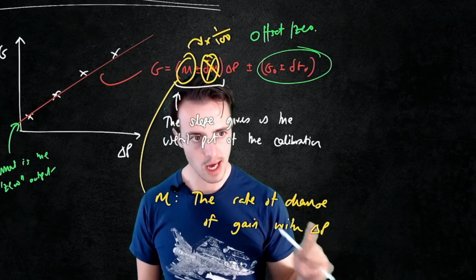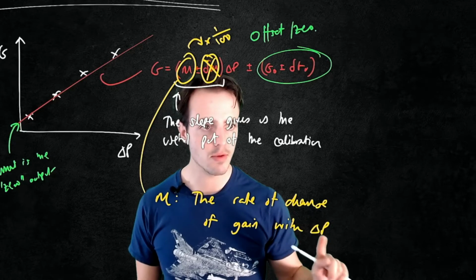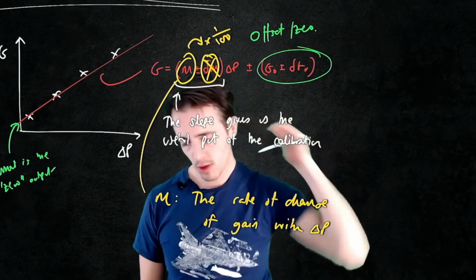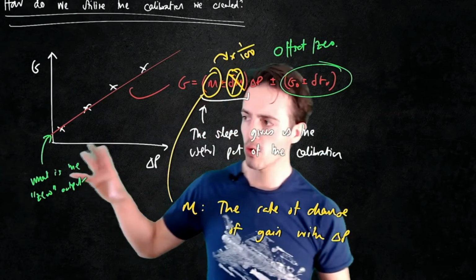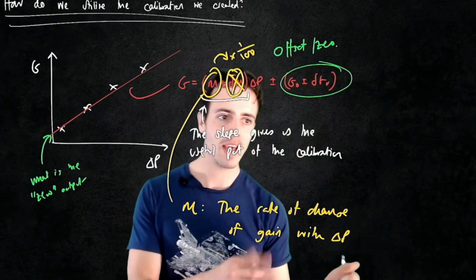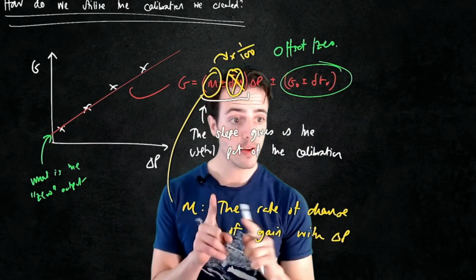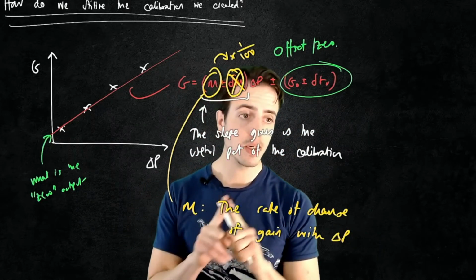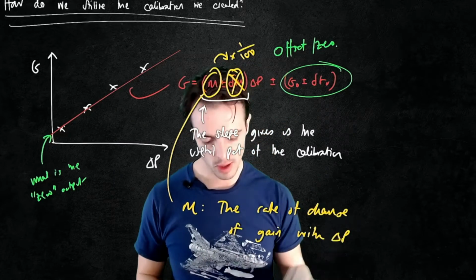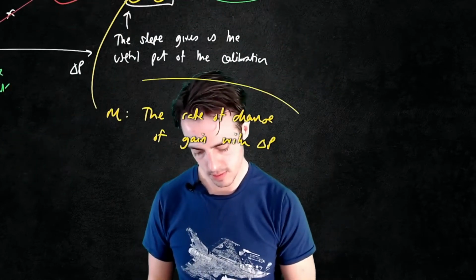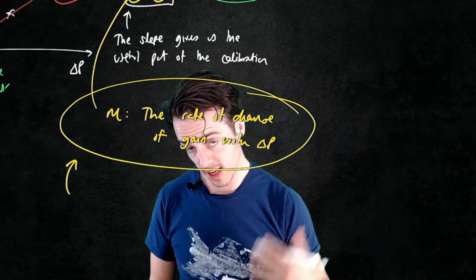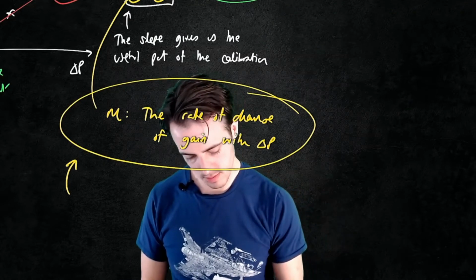It's the rate of change of the gain with the differential pressure. Now what we actually want when we do the experiment, from all of those data files, we can determine the gain and we want the differential pressure. So we take 1 over this number, multiply our gain by it, and that will give us the differential pressure. So this is what we determined during the calibration.